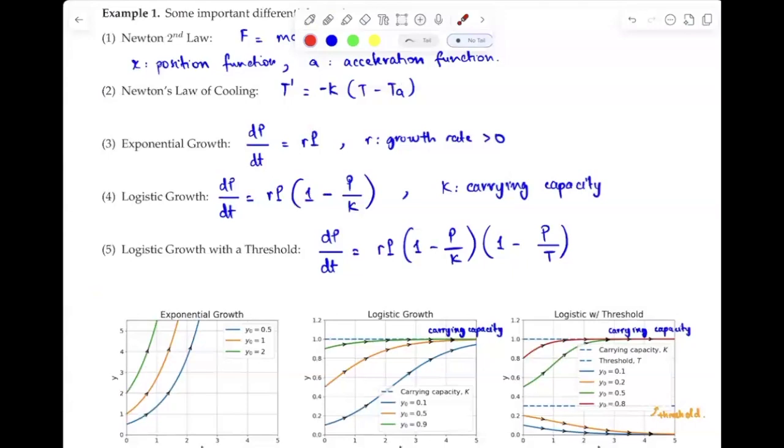However, there are some differential equations for which it is impossible to get the solutions, and one of those is the logistic growth with a threshold. Even though it looks similar to logistic growth and exponential growth, there are no analytical solutions to the logistic growth with a threshold.